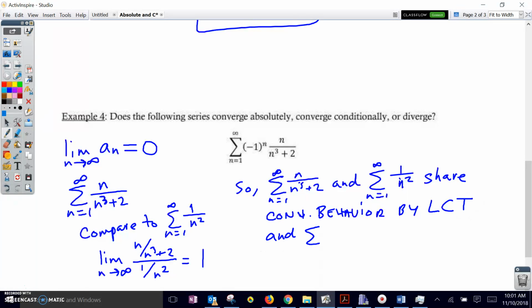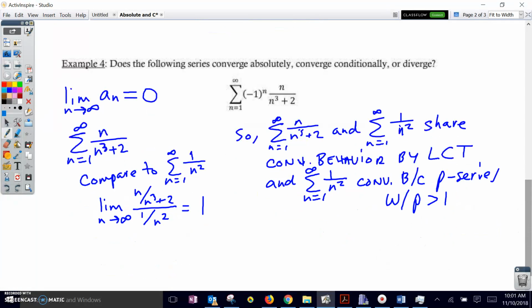And the sum from 1 to infinity of 1 over n squared converges because it's a p-series with p greater than 1. So the absolute value of my series converges, and therefore my alternating series in question converges absolutely.